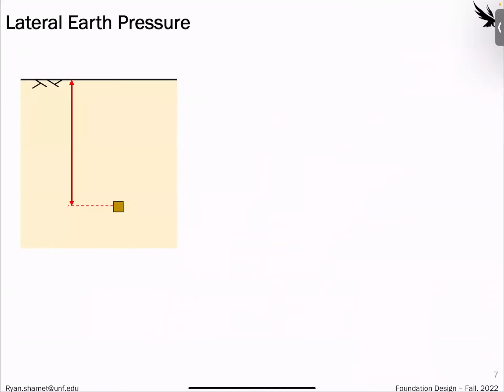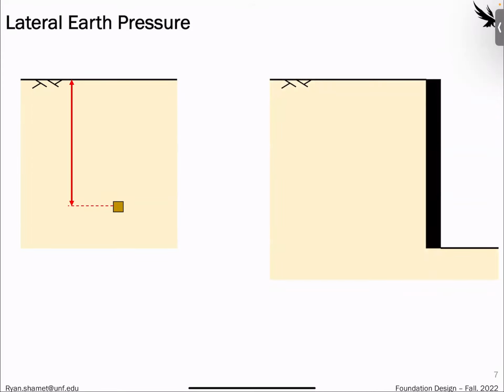So let's review this lateral earth pressure coefficient. Just like if you were in a swimming pool, if you go down deep under the water surface or in a lake, you'll feel pressure, and that pressure is coming from the water, and that water is acting vertically, but it's also acting horizontally. So same thing with soil here.